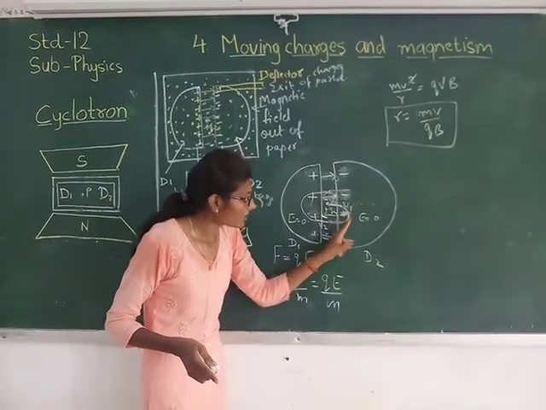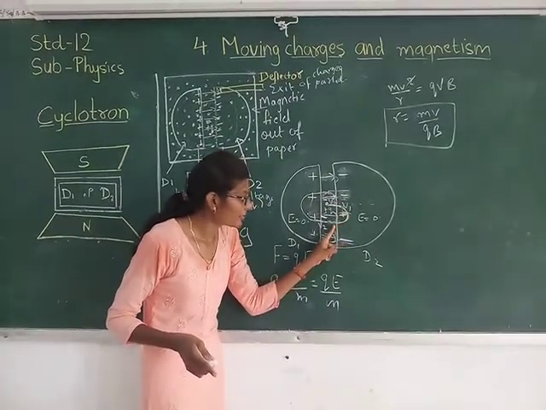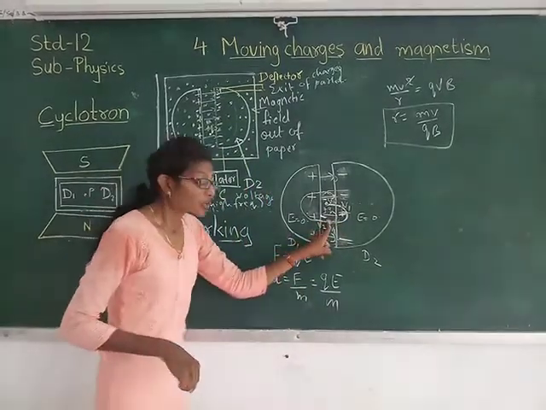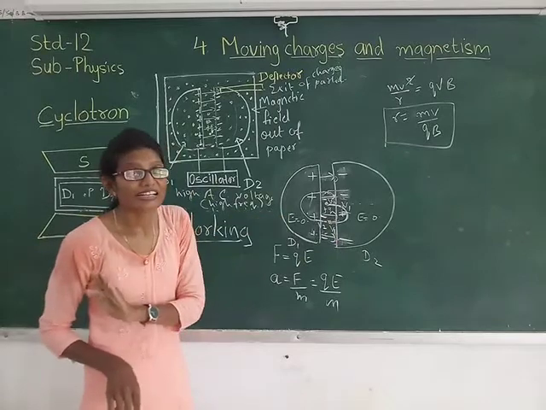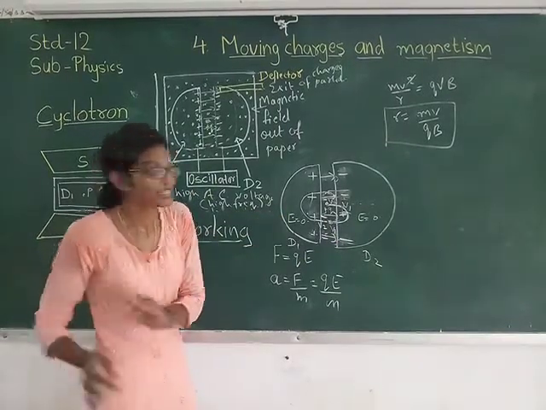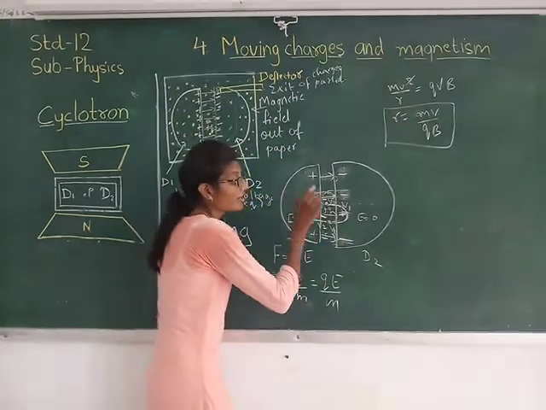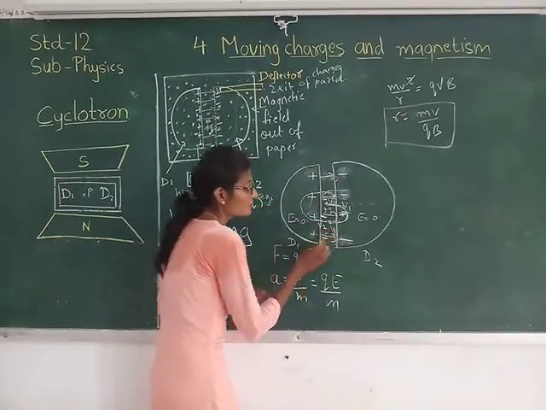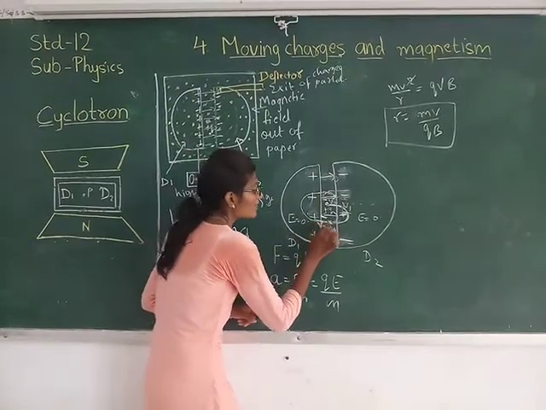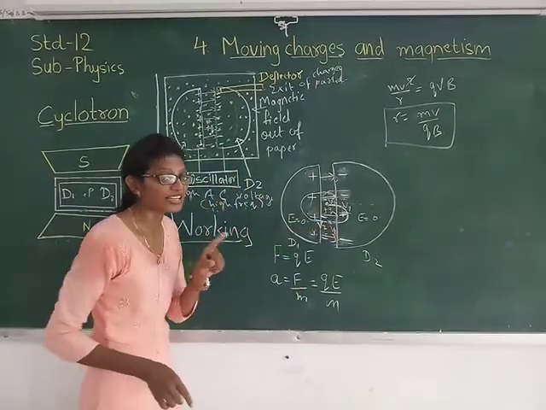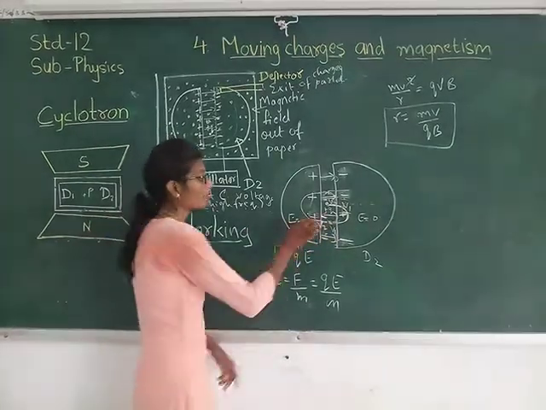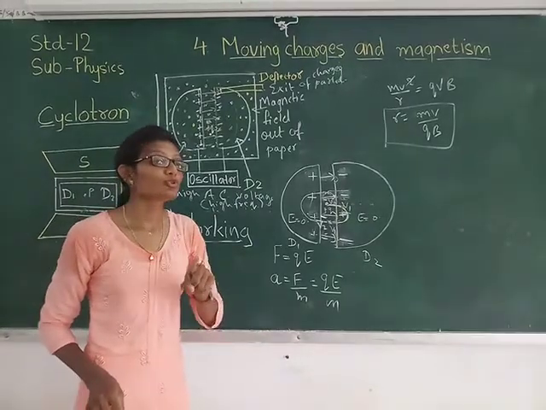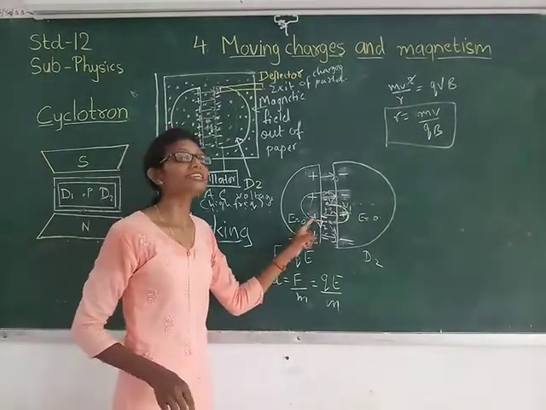And because of the magnetic field it exhibits the circular path and it comes over here with the velocity v1, right? Because of the electric field it is accelerated again, that means its velocity increases, let us say from v1 to v2. But inside that the electric field is 0, so the charged particle moves with its constant velocity, that is v2.